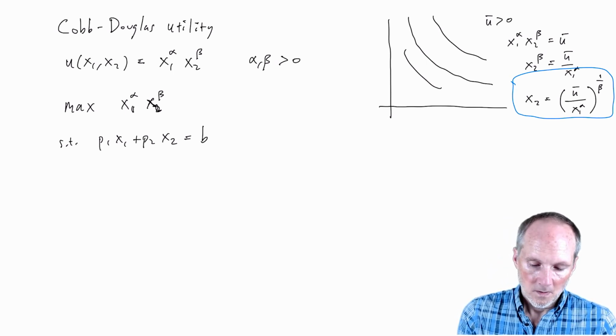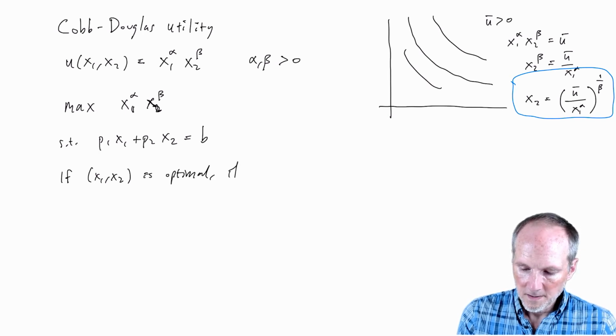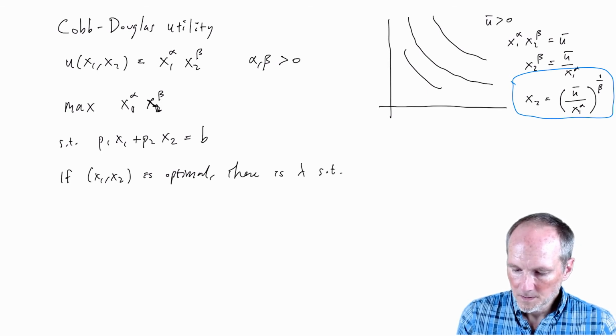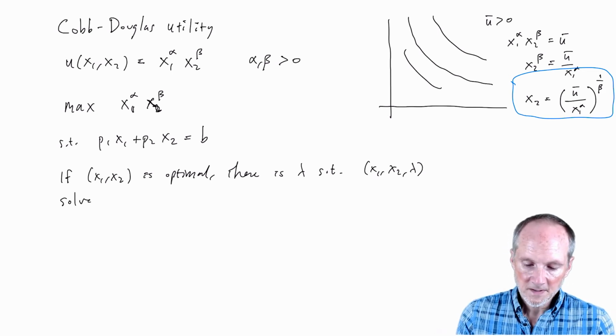And for this special case, that system is the following. Let me just write this out. If a bundle is optimal, then there is a lambda such that these three values solve the following system of equations.